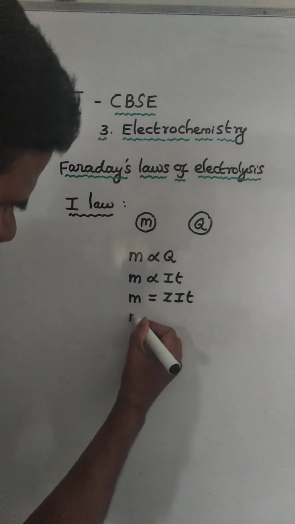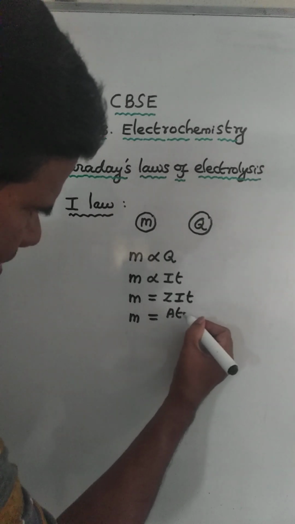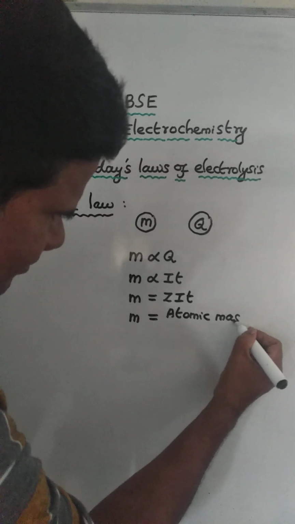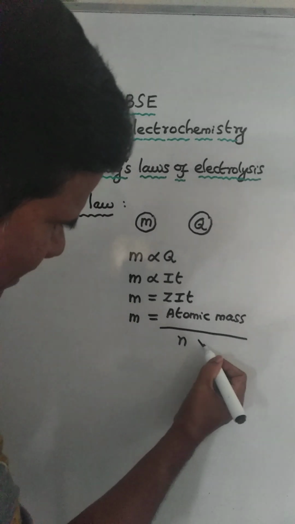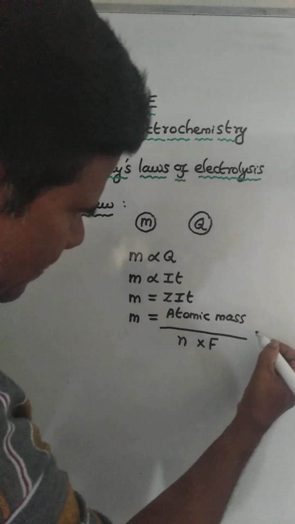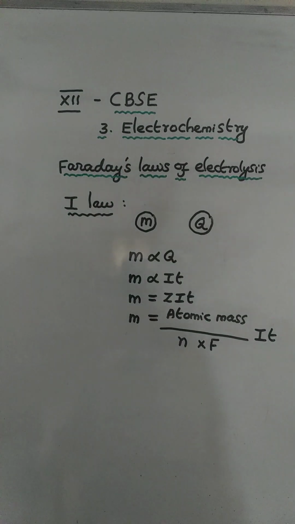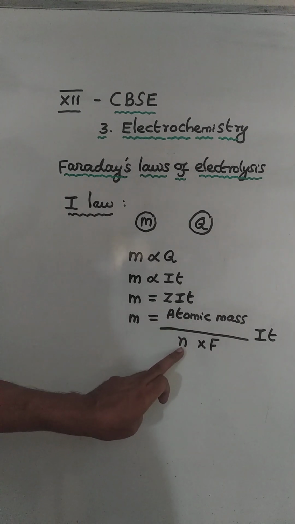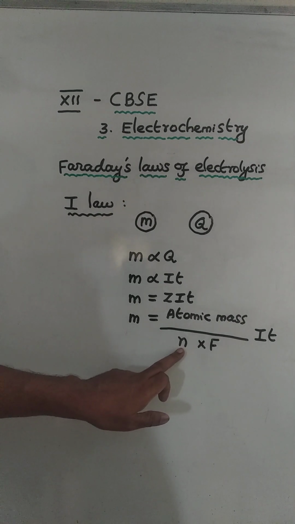What is the formula for Z? M is equal to atomic mass divided by N into F, then I T. Atomic mass divided by N. N is nothing but valency or number of moles of electrons involved.